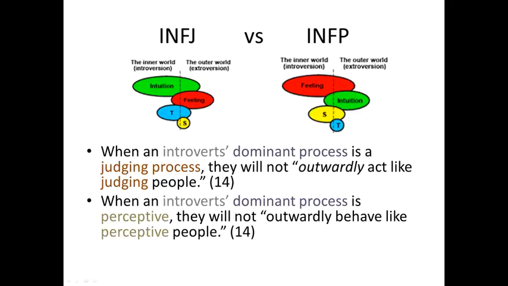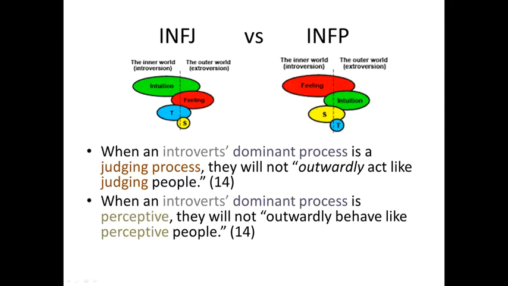So if there's a P at the end of an introvert's personality, that's describing their auxiliary function. So here we have the intuition. An INFP's auxiliary function is extroverted intuition, whereas with the INFJ, they have extroverted feeling. So the J is not describing what's at the top, it's describing the auxiliary.